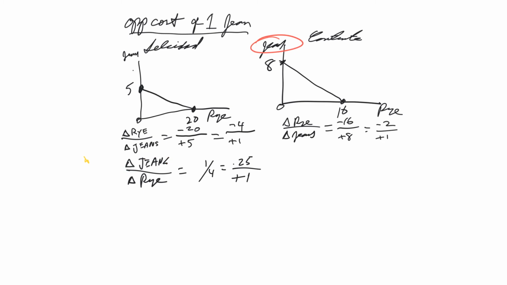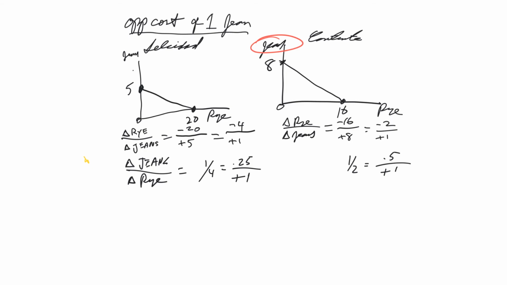Do the same thing over here with Contente. Negative 2 over 1. The reciprocal of that is 1/2 equals 0.5. And so we know that 1 rye costs 0.5 genes.